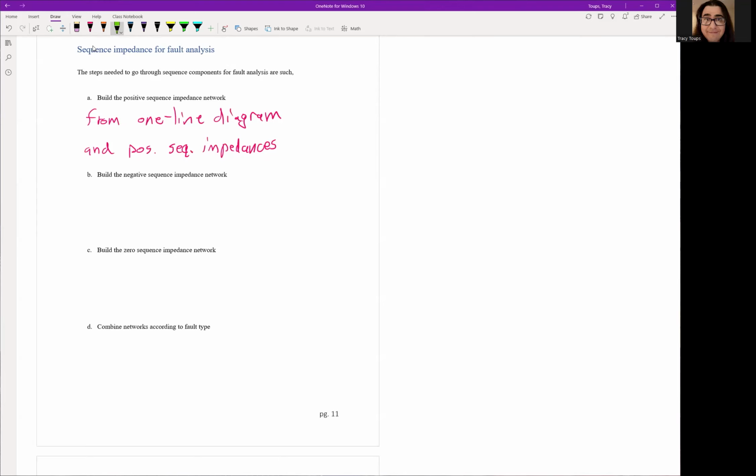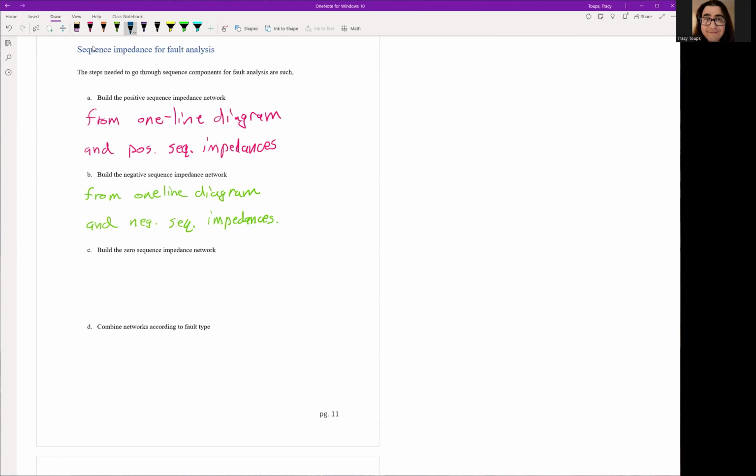For example, a negative sequence impedance network is, again, you draw from the one-line diagram. So one-line diagram is your basis. And we're going to use instead negative sequence impedances, right, which could be different.